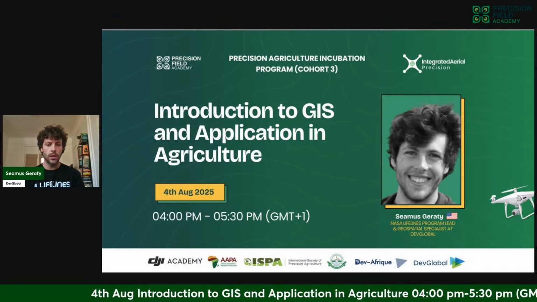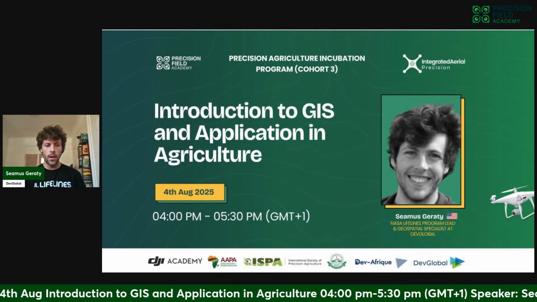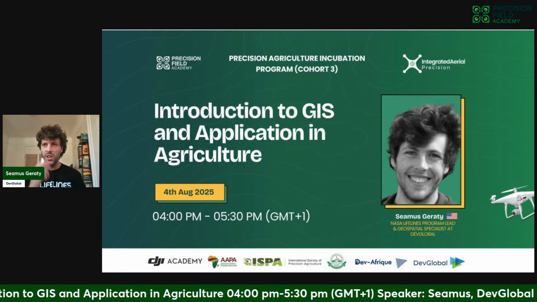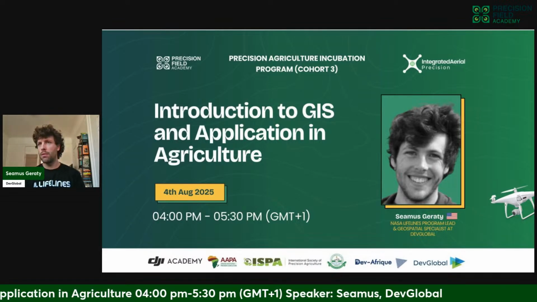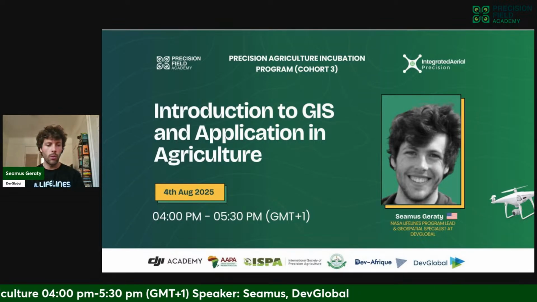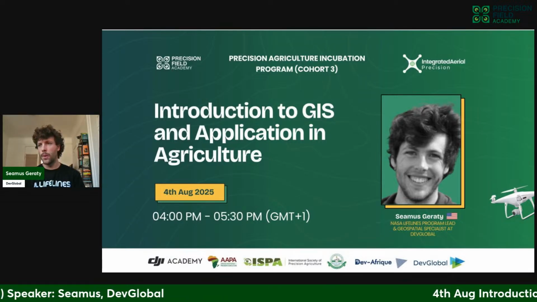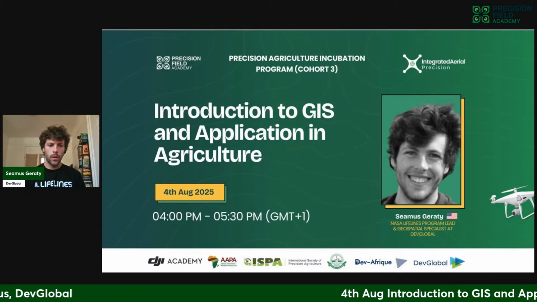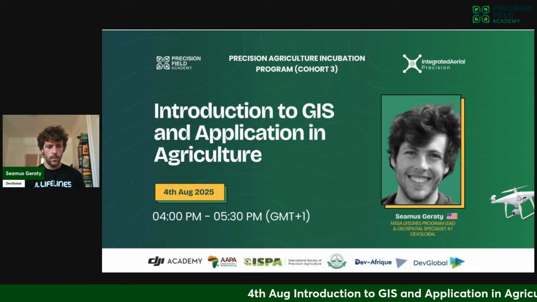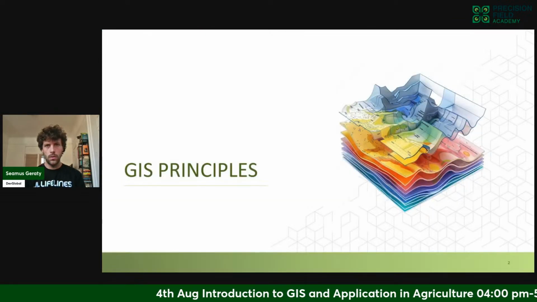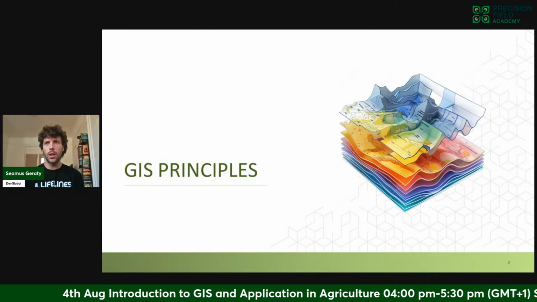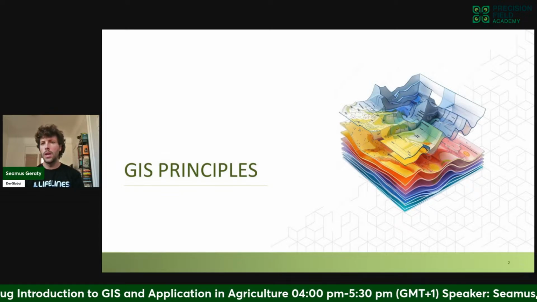Throughout the presentation, I'll tie things into agriculture, as I know that is the main focus of the cohort that you all are in and how you're applying yourselves. So let's go to the next slide.